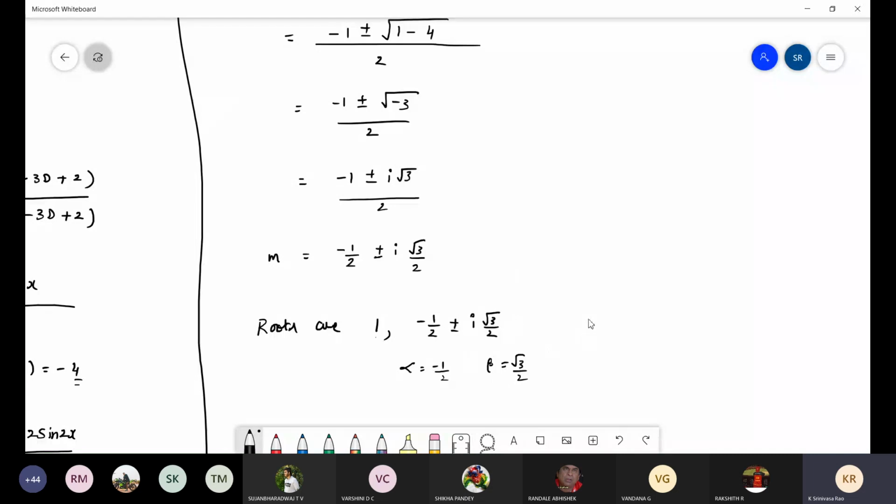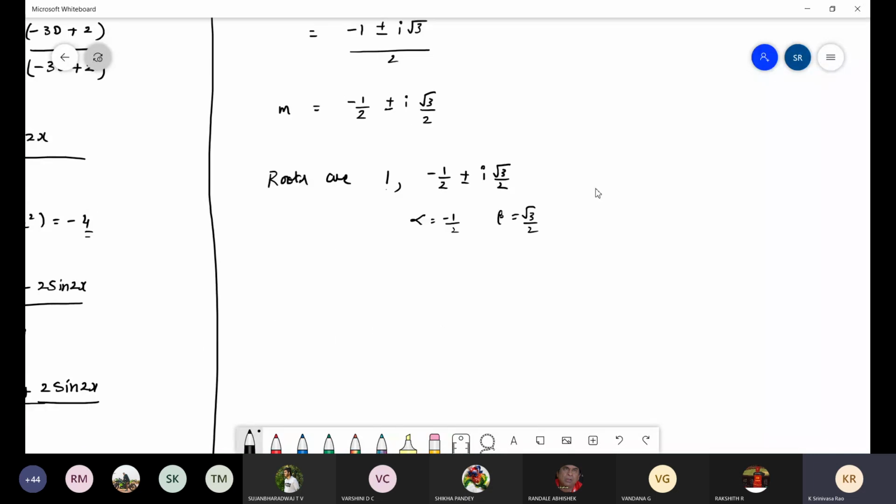Therefore yc equals c1 e power x, because the first root is real, plus the other two roots are complex. So e power alpha x, that is e power minus 1 by 2 x, into c2 cos beta x, that is root 3 by 2 x, plus c3 sin root 3 by 2 x.